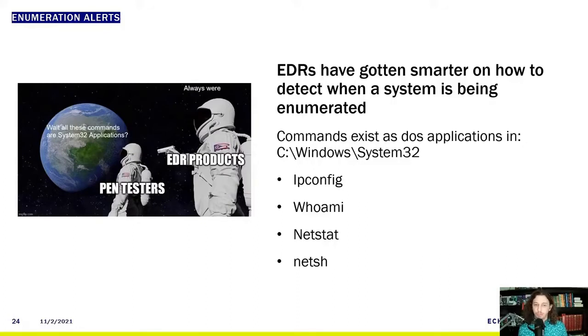EDRs have gotten really smart on how to detect when a system is being enumerated because we as attackers haven't really learned to not just systematically call ipconfig, whoami, sysinfo, like a ton of these commands all in a short duration, which a human isn't necessarily going to do, right?